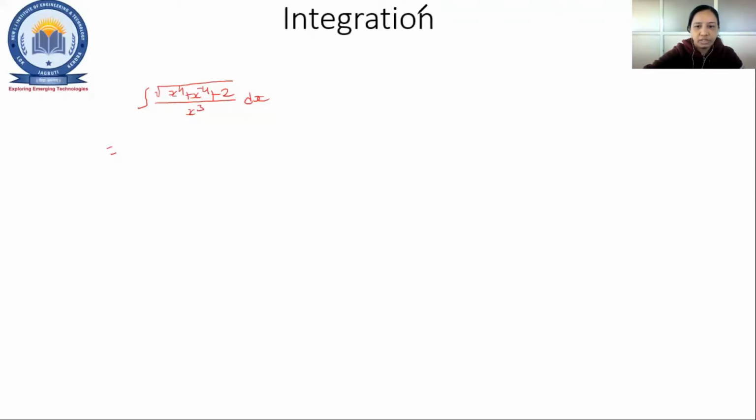Some answers: minus 1 by 2 x square minus 1 by 6 x raised to 6, log x plus 1 by 4 x raised to 4 plus c. Okay, understandable.